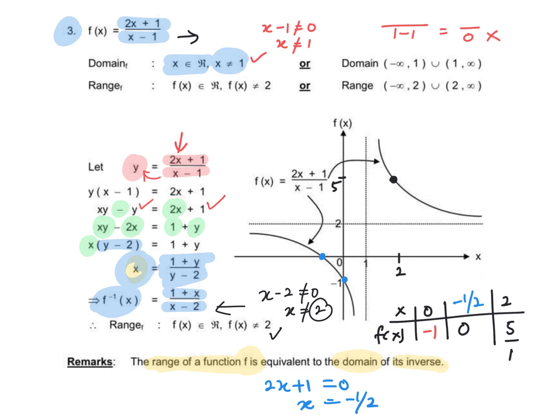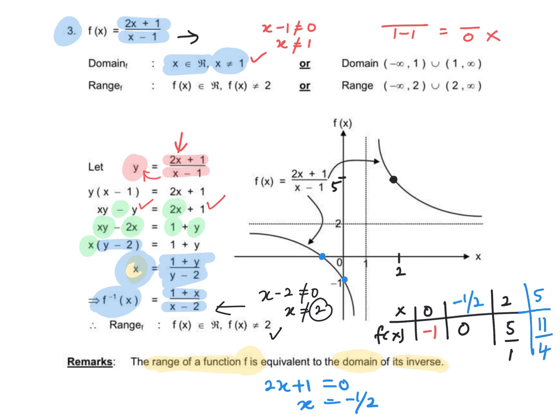Maybe we can plug in the value x equals 5. So when x is equal to 5, 5 times 2 is 10, 10 plus 1 is 11, over 4.